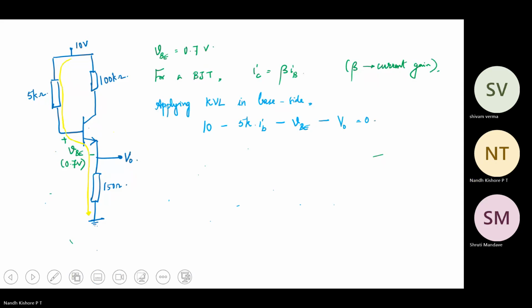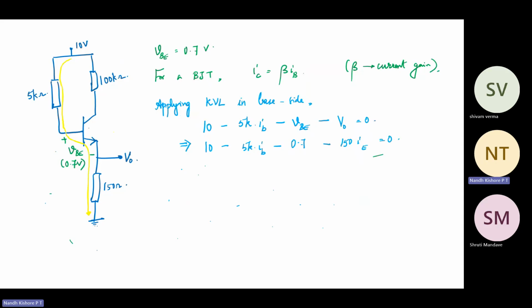Agreed? This is just KVL. So 10 minus 5K into IB minus VBE, which is 0.7 volts, minus V naught. V naught is basically 150 into IE, is equal to 0. So 10 minus 5K into IB minus 0.7 minus 150 into, they have given that IC and IE are almost same in the question.